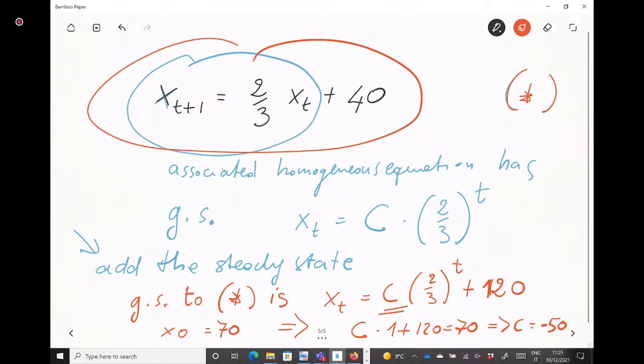So our particular solution is 120 minus 50, because c is minus 50, times 2/3 to the power of t.